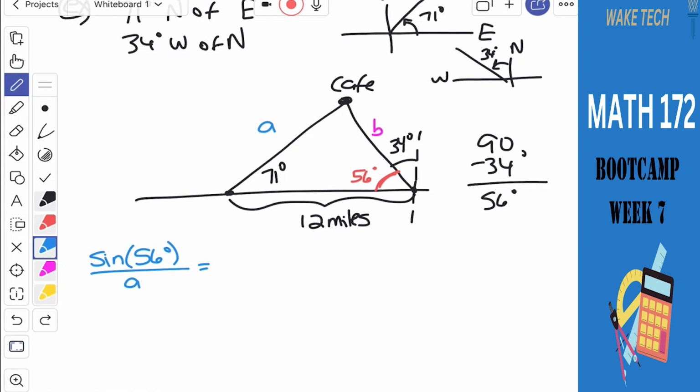It's not actually labeled, but we do know it and we can find it. We can get this missing angle measure at the top by subtracting the original two, 71 and 56, from 180. So that top angle is 53 degrees.